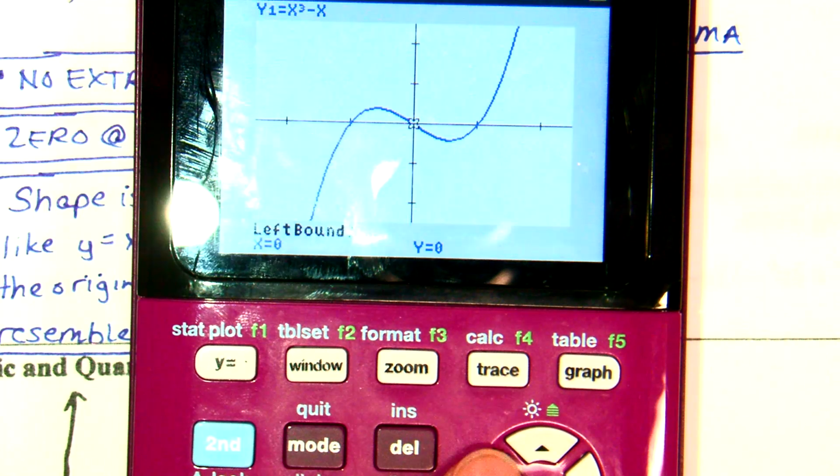I'm going to hit enter. For my right bound, I'm going to go closer to 0. I'm going to hit enter. And then for my guess, I'm going to go in between to the top of the hill because I'm trying to find my max. And I'm going to hit enter. Okay, hopefully those are sounding familiar.